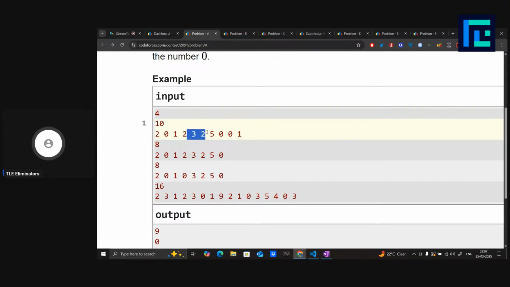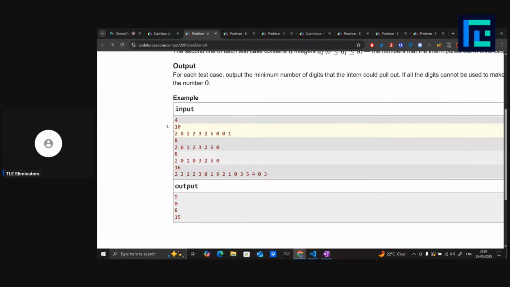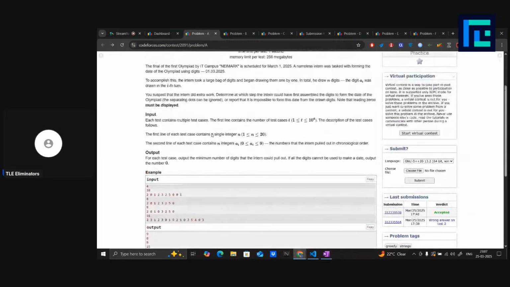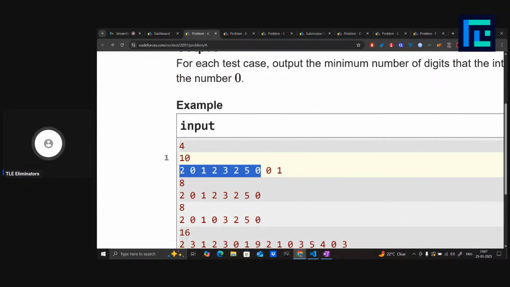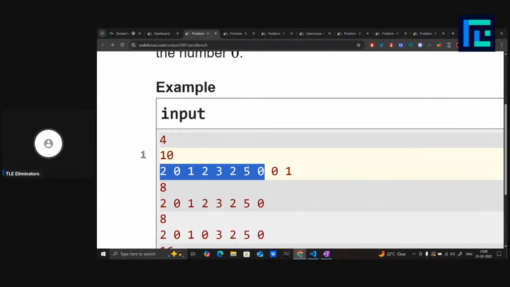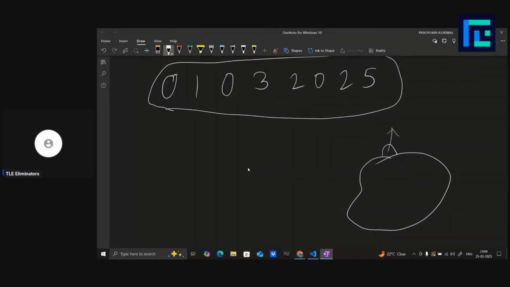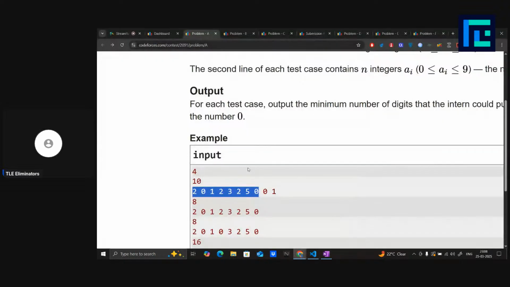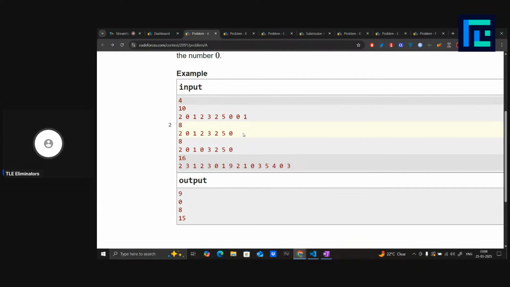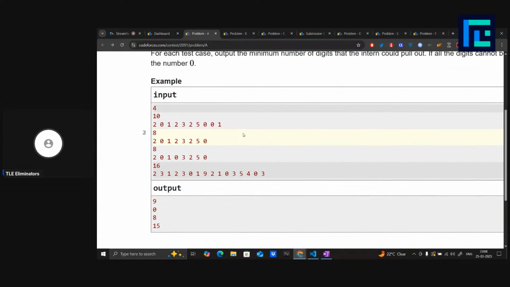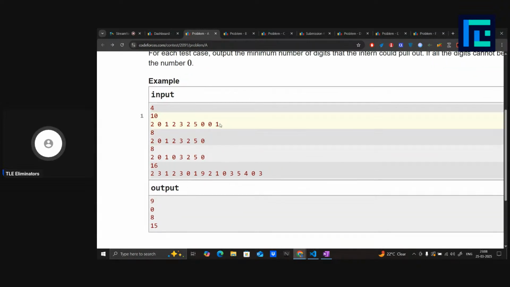So basically you have all those sufficient digits, and you can make that date. And this is the first time that you can make it. You cannot make it using the first 8 digits because there are only 2 zeros. You need 3 zeros for that. Okay, so that's the problem. It is asking us what is the first time at which we are able to make the date, right? So this is a pretty easy problem.